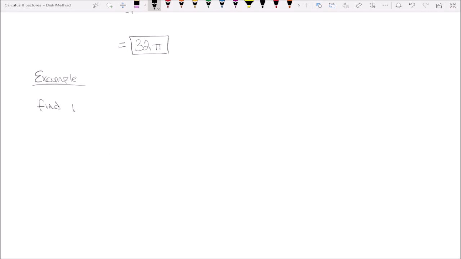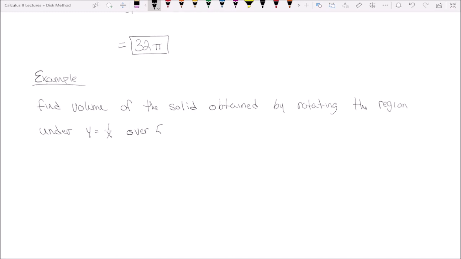So find the volume of the solid obtained by rotating the region under y equals 1 over x, over 1 to infinity, about the x-axis.